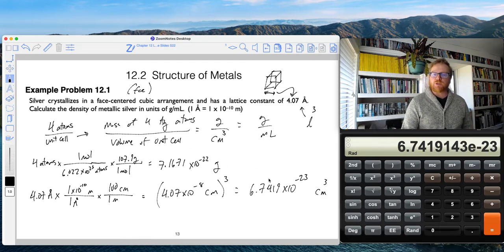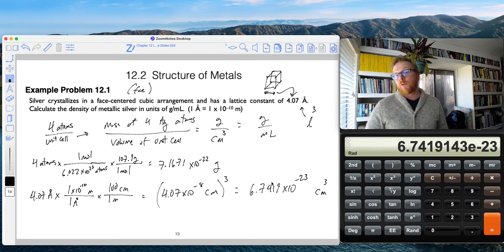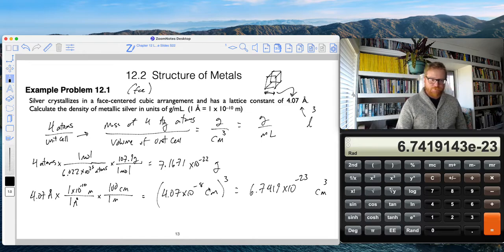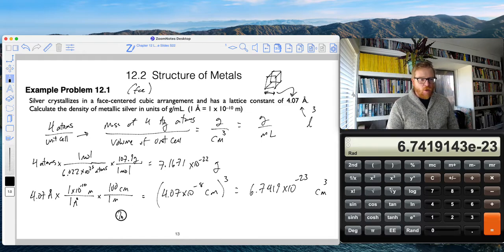Now I have a mass and a volume. Both of these numbers look crazy small, but remember, we're talking about one singular unit cell. That is a very small thing. Now I'm going to divide these two numbers to get the density: 7.1671 times 10 to the minus 22 grams, over 6.7419 times 10 to the minus 23 cubic centimeters.